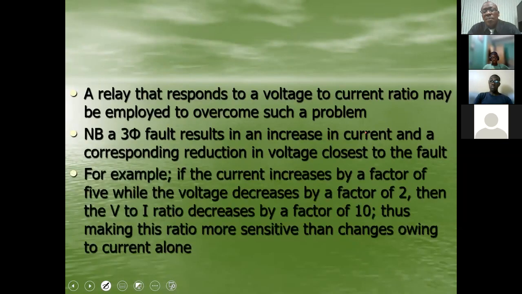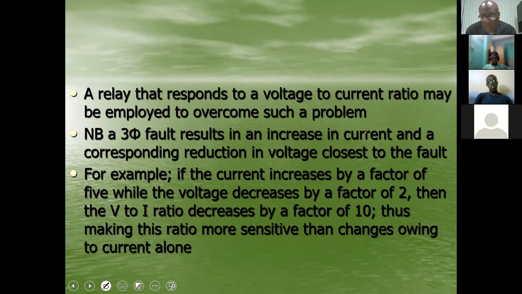Okay. So if we think now about the impedance relay, remember we said that it is based on the impedance that is measured being less than the preset value. All right. So if I have the example we have here, if you have a current that increases by a factor of 5 and the voltage collapses by a factor of 2, then the ratio will decrease by a factor of 10.